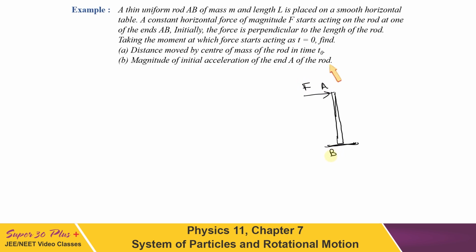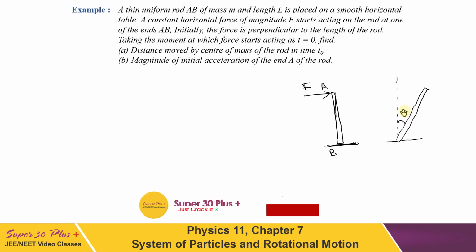Now let us consider an arbitrary moment when the rod has been tilted by some angle. Let that angle be theta. So I am here drawing the situation. The rod has been tilted by an angle theta. What forces will be there? F has to be in the horizontal direction, and of course weight has to be at its center.